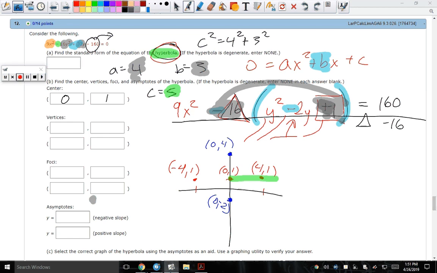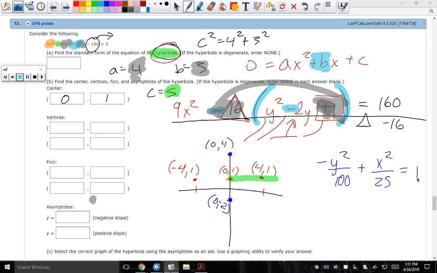You with me? The reason why I say that, guys, is this. Look, if on the test you see something that looks like this, let's say 100, is this a horizontal or a vertical hyperbola? This is horizontal.